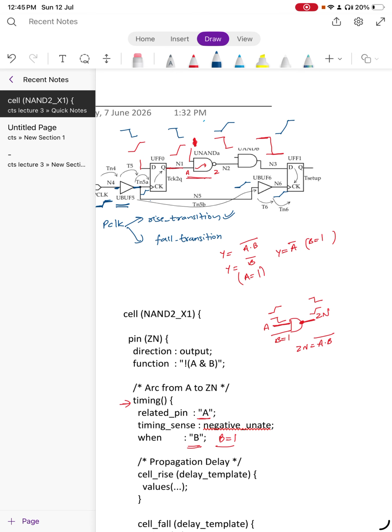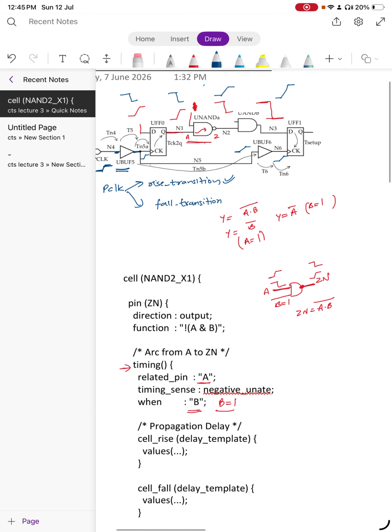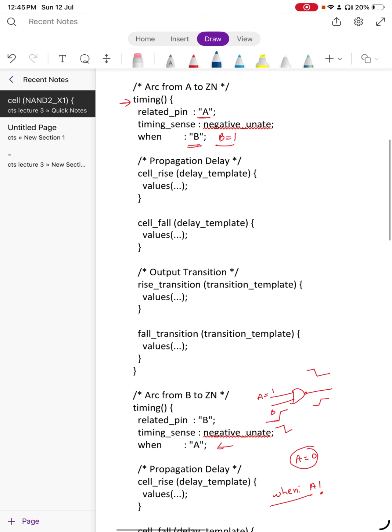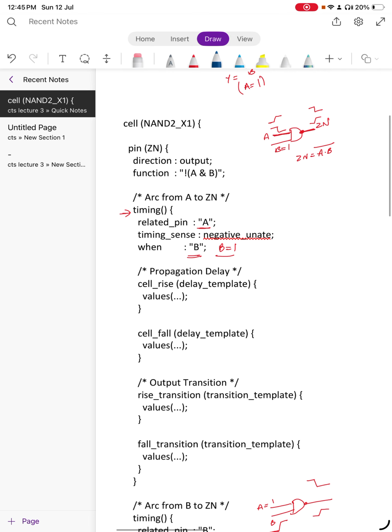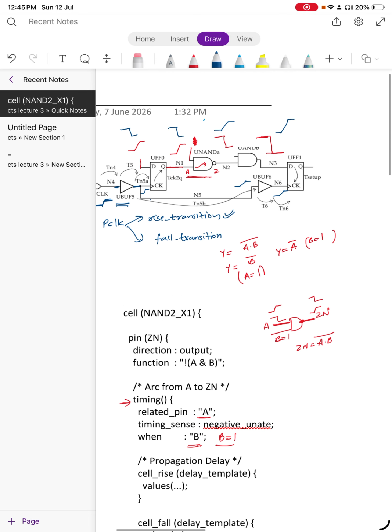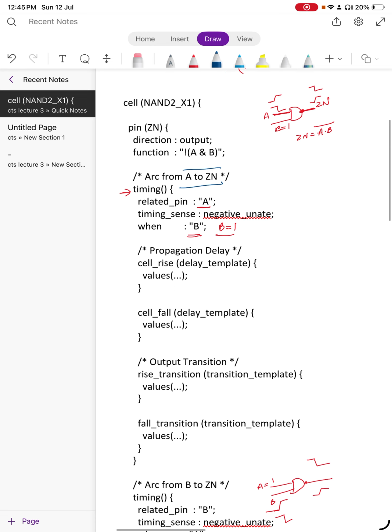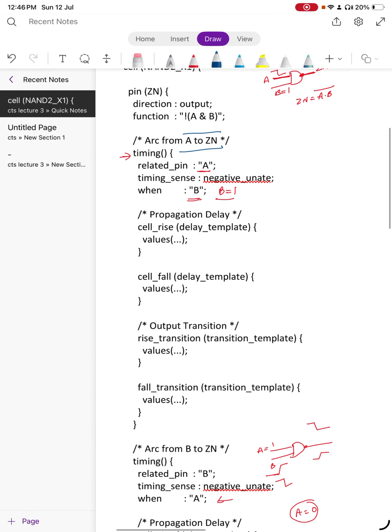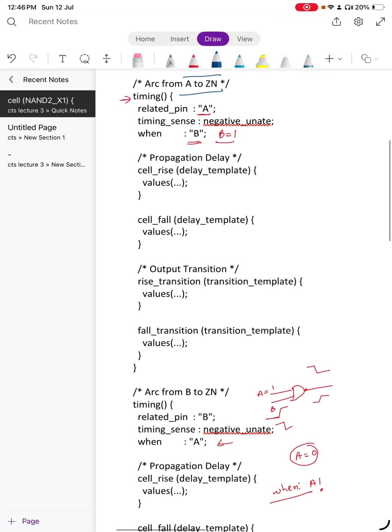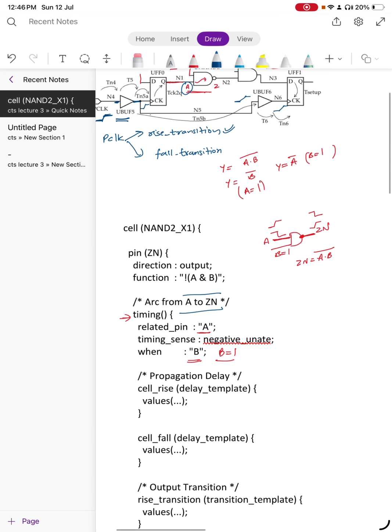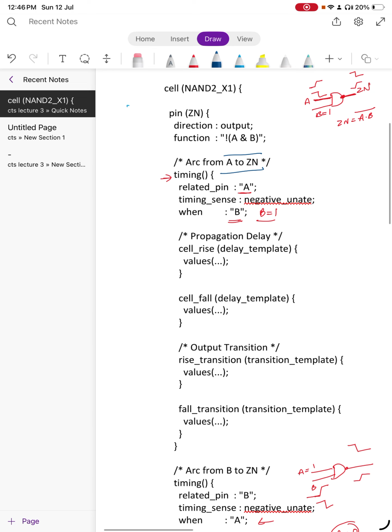Then comes the transition for the NAND gate. We will go inside the NAND gate, at the transition in the output. Let's say this pin is A, so it will see A to Z. This is the arc from A to Z, and it will see the fall transition over here.